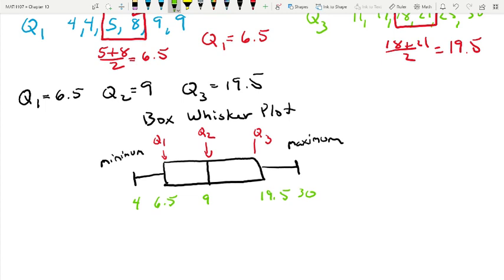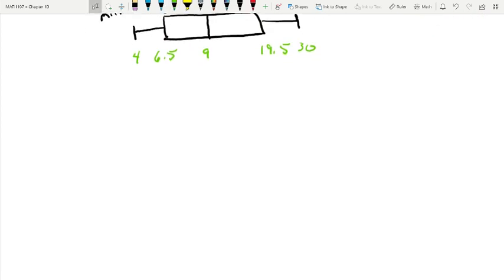And then the last part deals with linear regression. So we'll do a little bit here, and then I'm going to show you some stuff on a calculator dealing with linear regression.